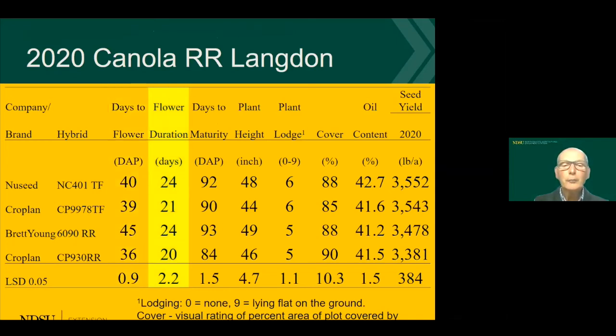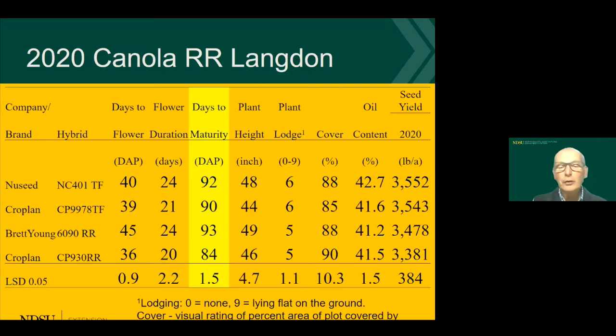And the next column is how long does it flower? And the total time that the plant is in the field is indicated in the days to maturity, days after planting. So we can see that there are a few that are earlier maturing, 84 days, and the latest is 93 days. Now that is important to know depending on when you can plant.